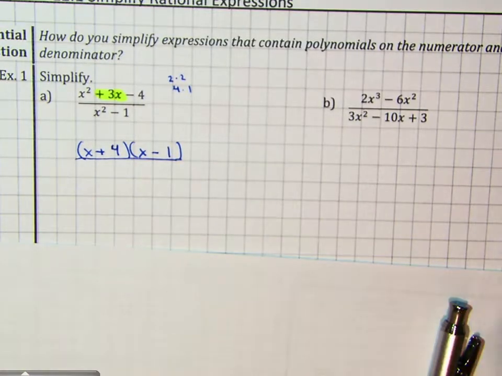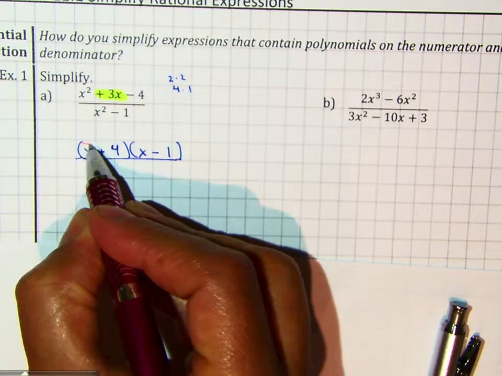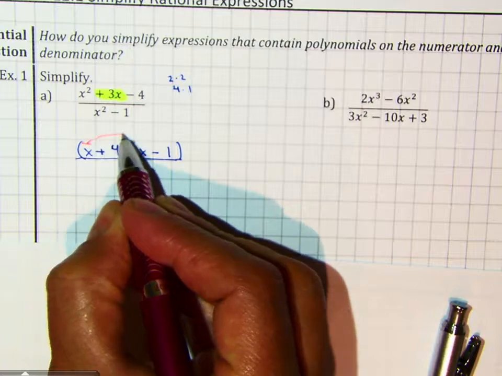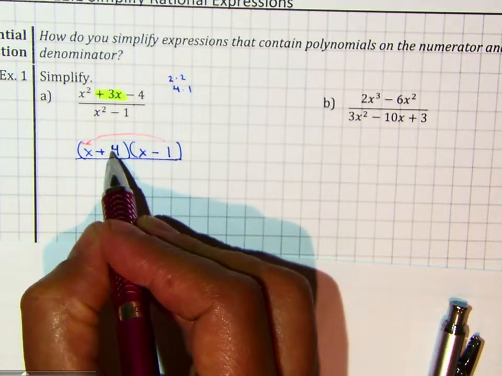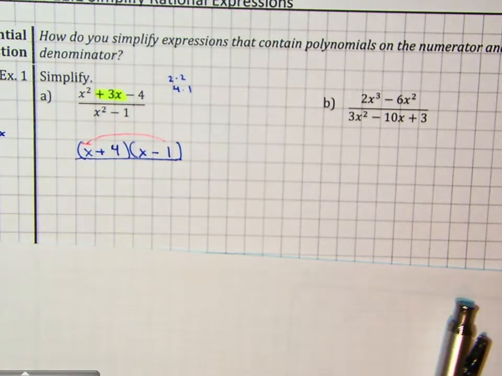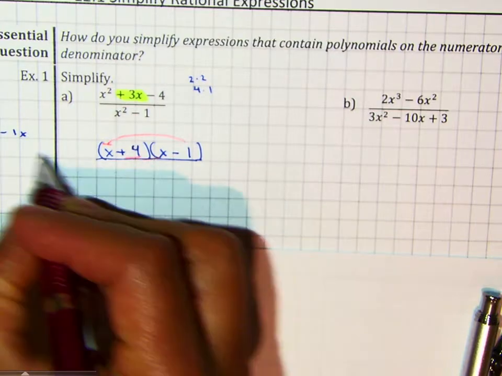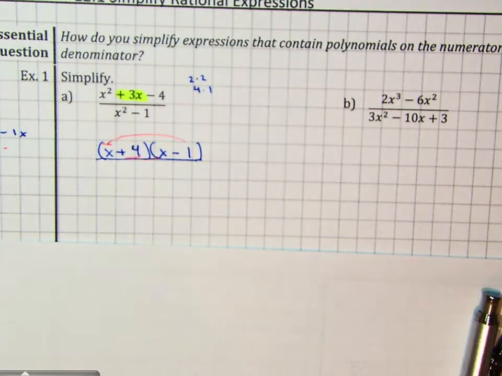Remember that if we double check and we multiply it out, x times negative 1 is negative 1x. And if I multiply my positive 4 times x gives me positive 4x.